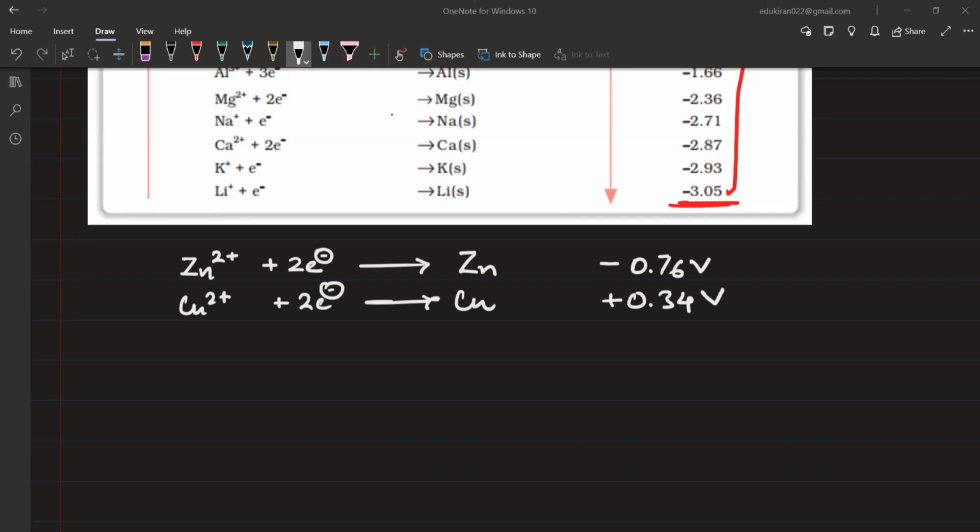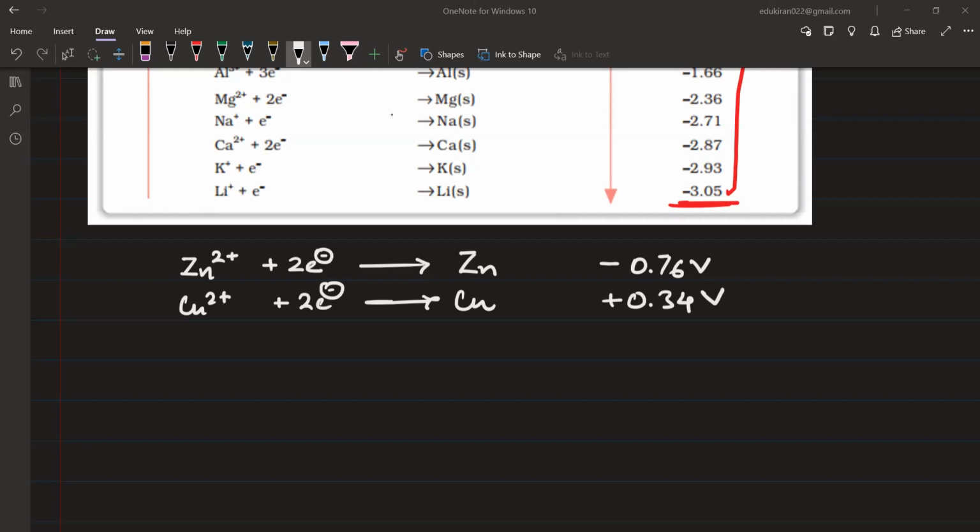It's going to have positive volts, electricity, E naught, positive potential. Please tell me, Nawal, once again. If it is spontaneous, it will have positive volts. The complete sentence.